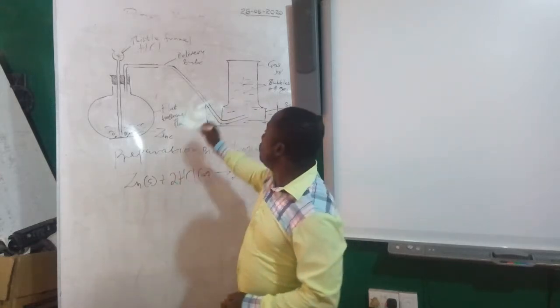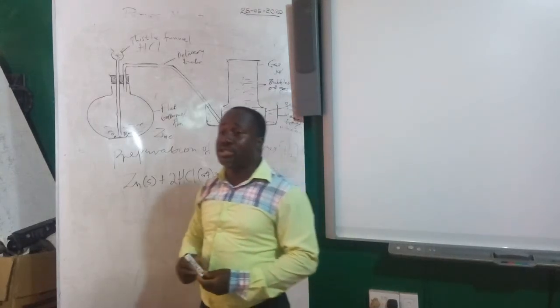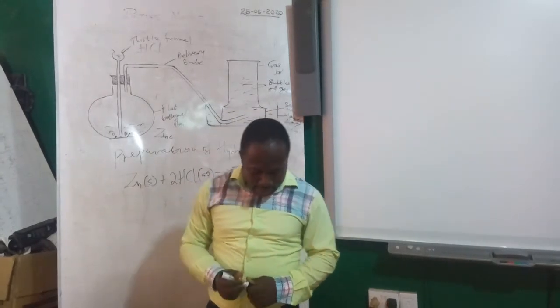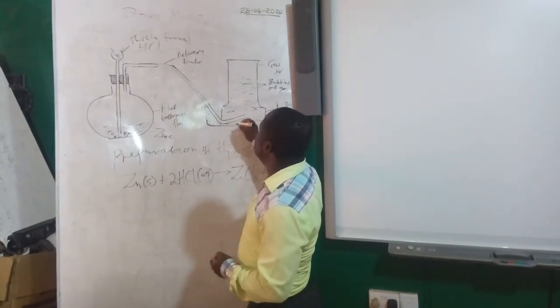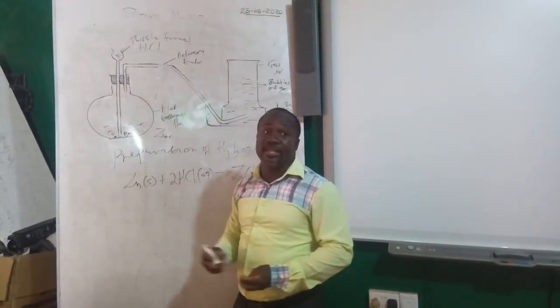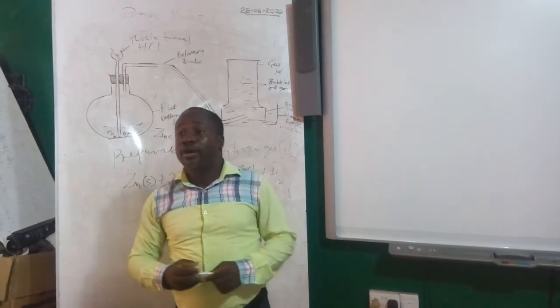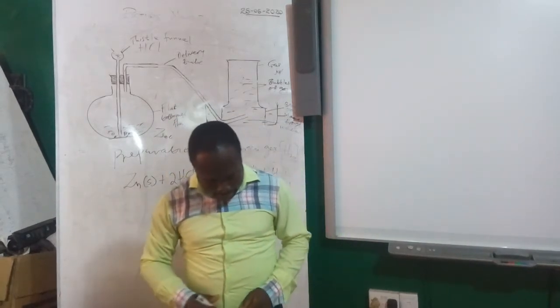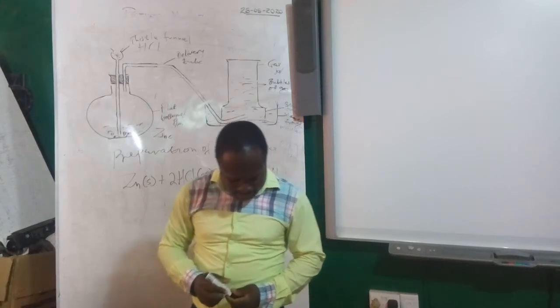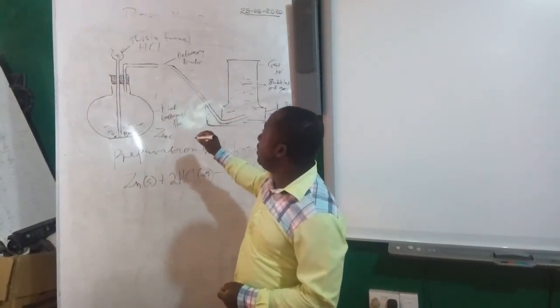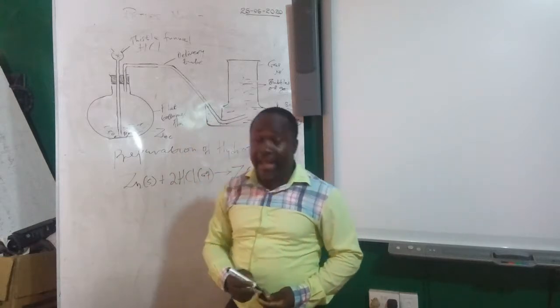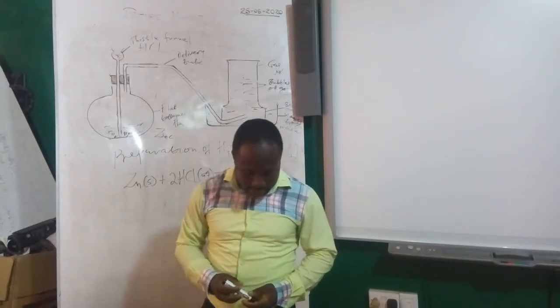Again, it is insoluble in water. Hydrogen gas does not dissolve in water. Again, it has no effect on litmus paper, so you can say that hydrogen gas is neither acidic nor basic. Again, hydrogen gas forms an explosive mixture with oxygen. And finally, it is a reducing agent.